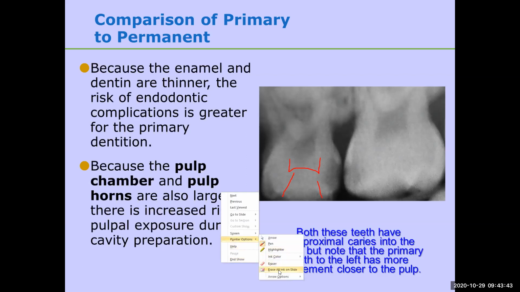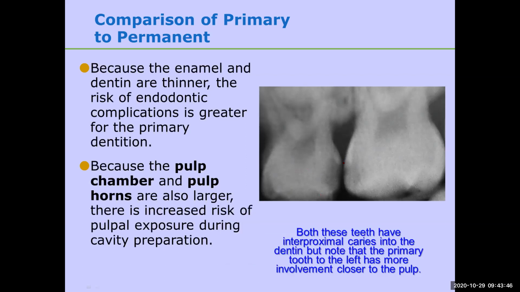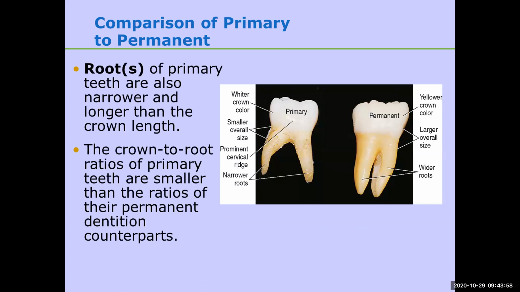So we've got interproximal decay. Look at how fast this decay is spreading compared to that. Decay spreads faster in deciduous teeth. The roots of the primary teeth are narrower and longer compared to the permanent counterpart. And the crown to root ratio of the primary teeth is smaller than the ratio of the permanent dentition counterparts.